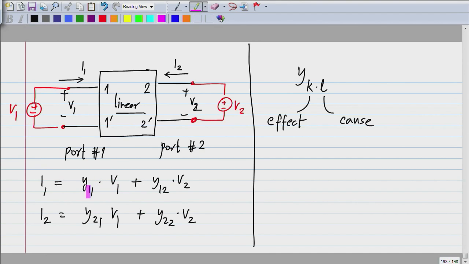So the first subscript is 1 because it is I1, and it is due to V1, so the second subscript is also 1. Whereas y21 relates I2 to V1. So in general, yKL will relate IK to VL. So this is the convention that is used.